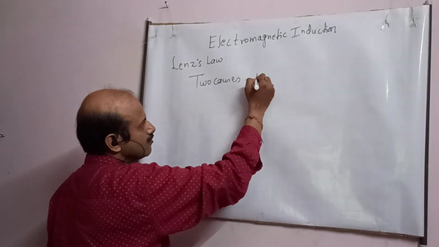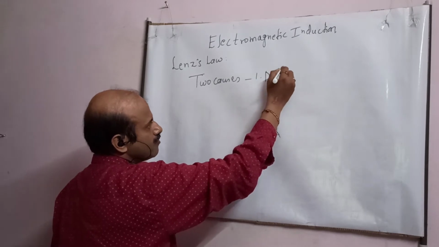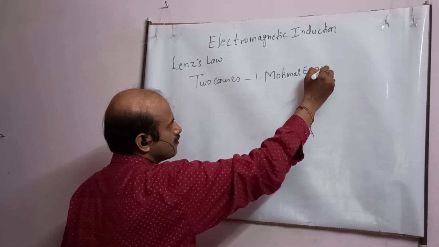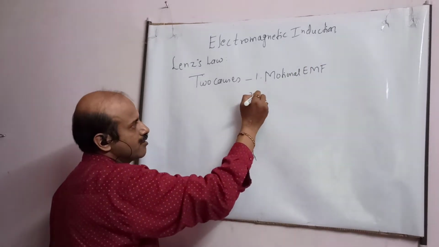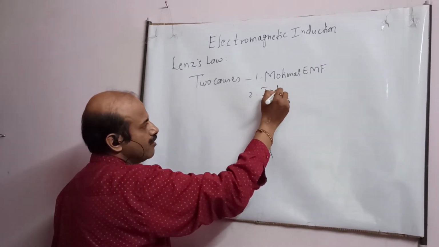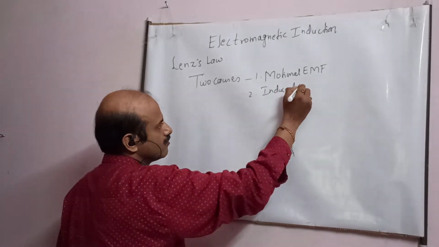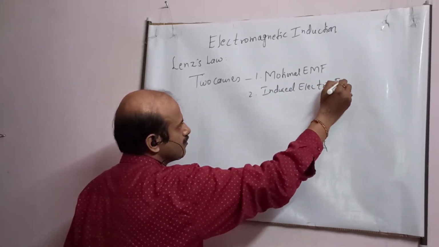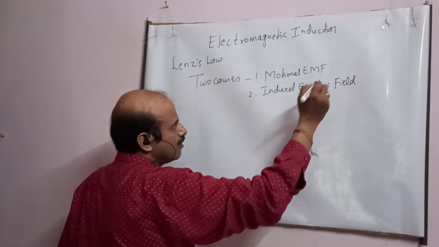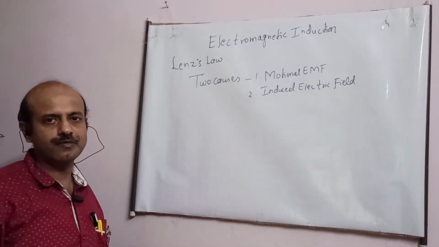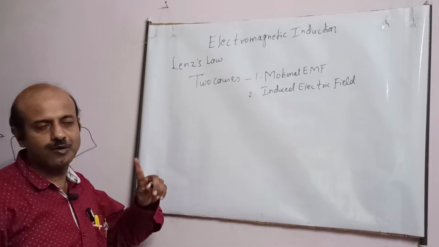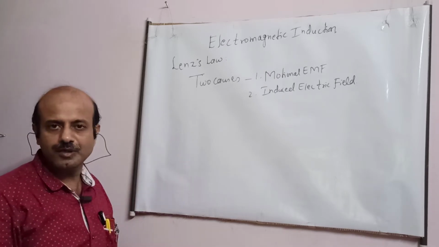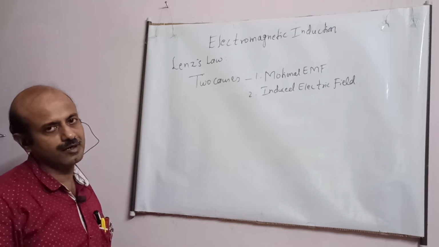One was motional EMF, and second was induced electric field strength. These two are the cause behind the production of induced EMF, which gives rise to induced current.